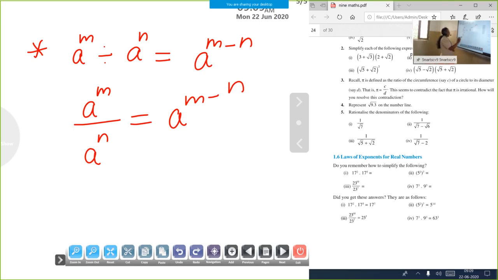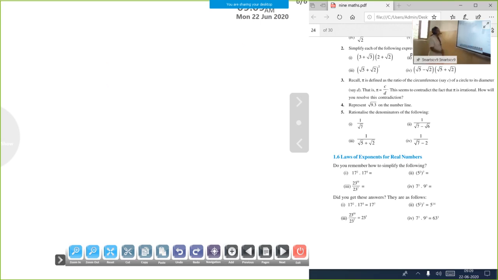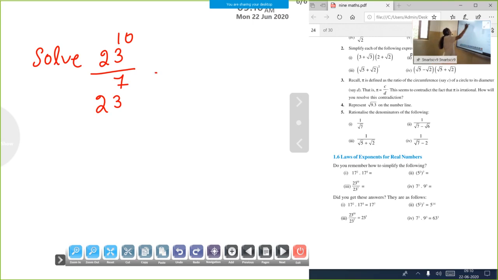And using that formula, we just solve one question. Solve 23 raised to 10 divided by 23 raised to 7. This is division. Both numbers have the same base 23.